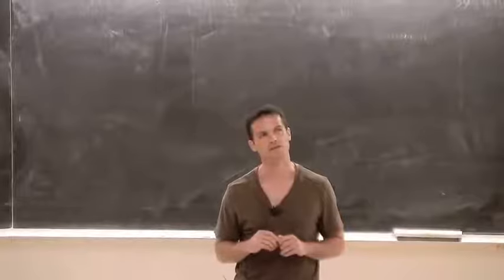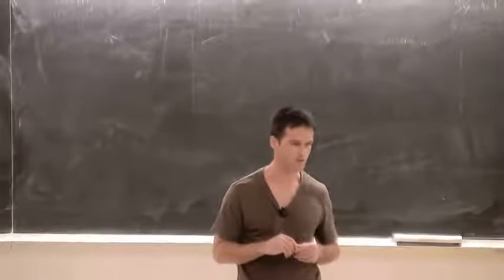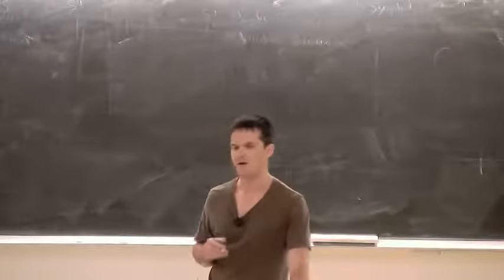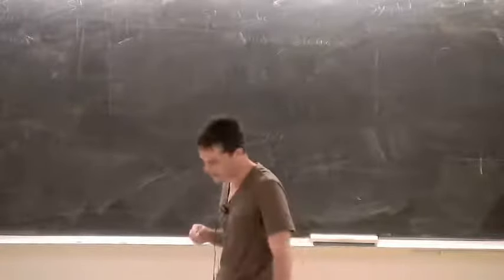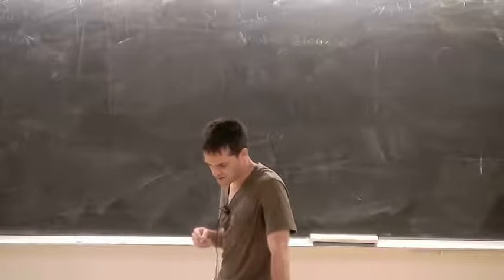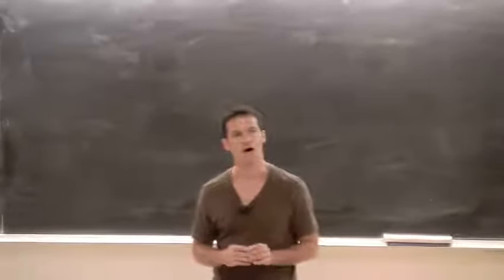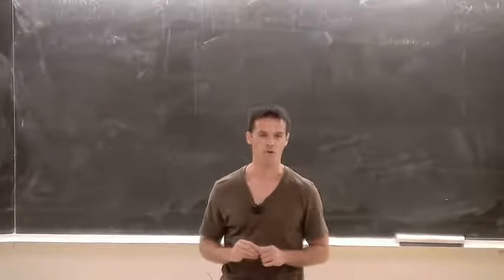So on Friday, I was doing improper integrals. There's a couple examples which I didn't get to, which I would have done if I had had time. I would have talked about a few neat examples of improper integrals, like the gamma function, or another thing called the horn of Gabriel.